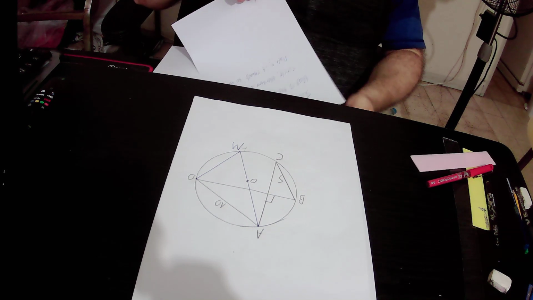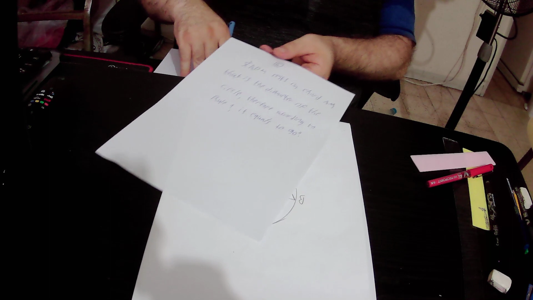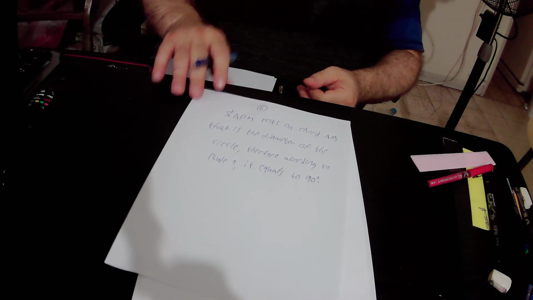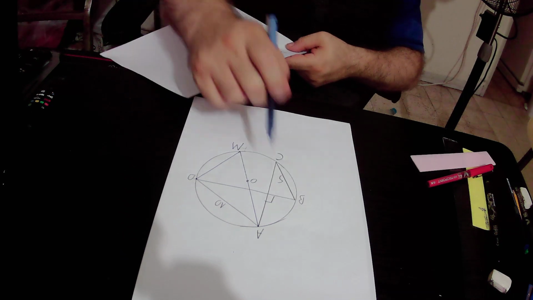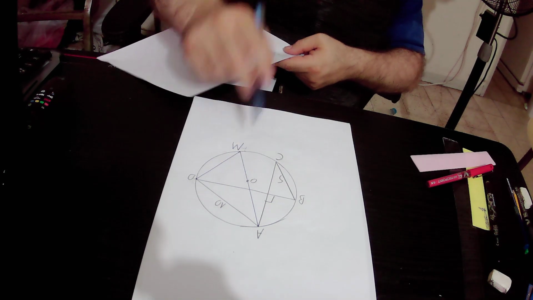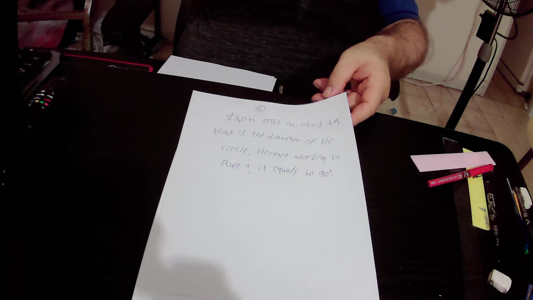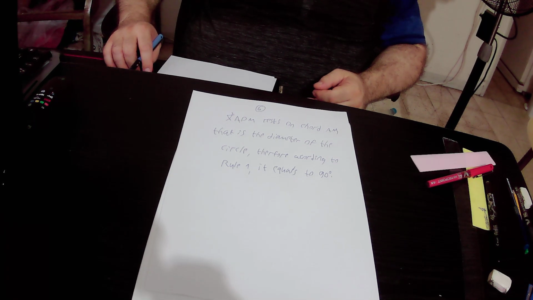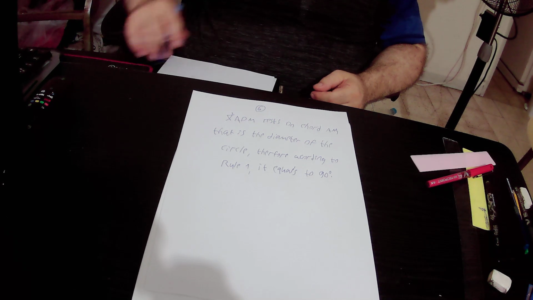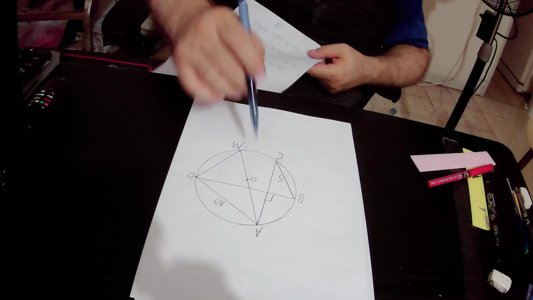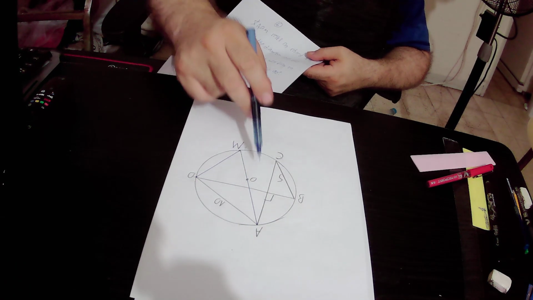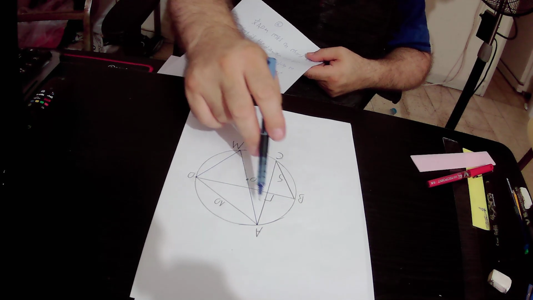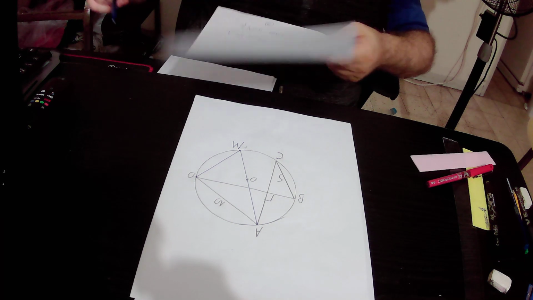So I will read again what I wrote. Peripheral angle ADM rests on chord AM, that is the diameter of the circle. Chord AM is the diameter of this circle, and peripheral angle ADM rests on chord AM.